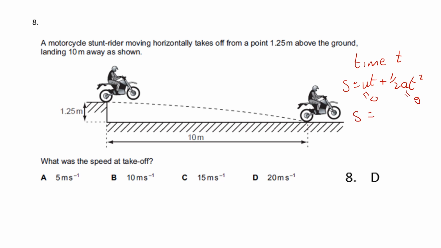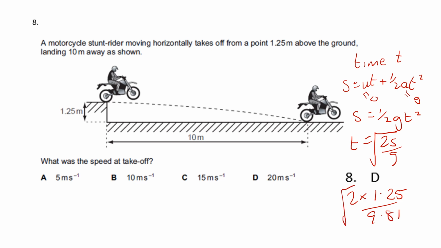So we've got s equals a half gt squared. Rearrange for t: t equals the square root of 2s over g, where s is the vertical drop, so the square root of 2 times 1.25 over 9.81 is equal to 0.5 seconds.